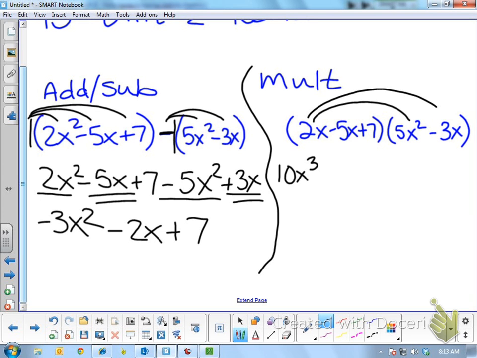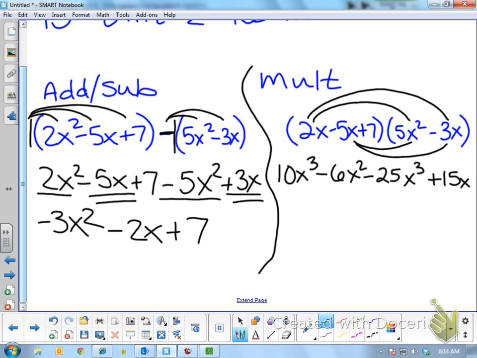Then we multiply again. 2x times negative 3x is negative 6x squared. Now that we've multiplied the 2 by everything in the other parenthesis, we go to the negative 5. Negative 5x times 5x squared is negative 25x to the third. Negative 5x times negative 3x is positive 15x.